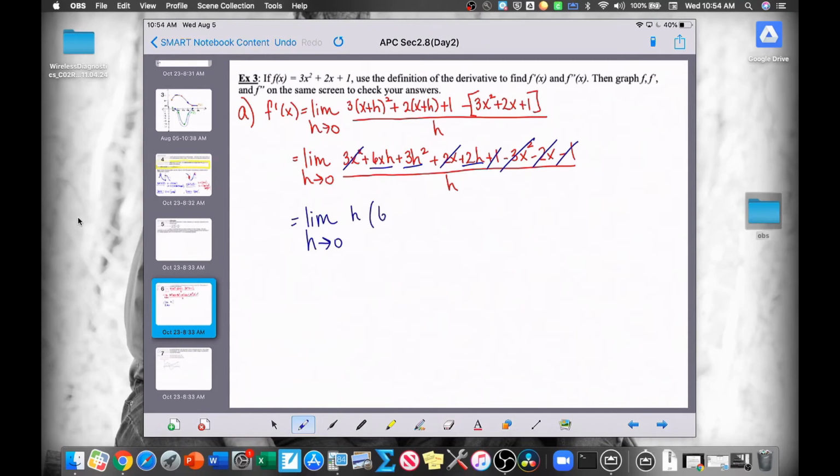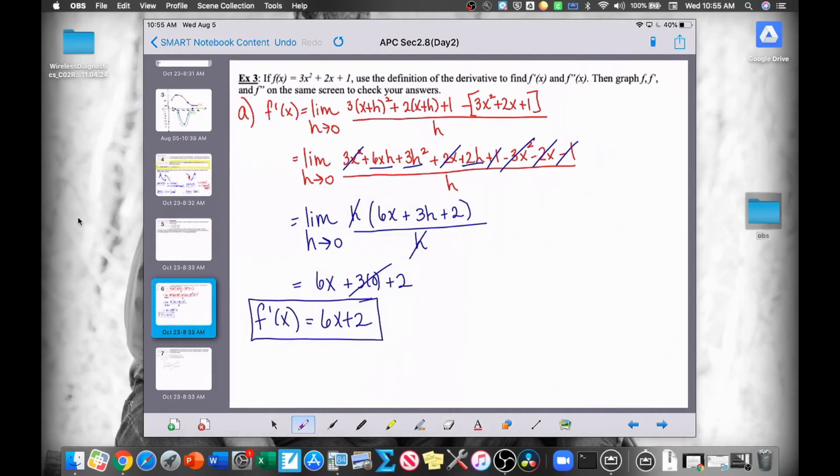So I will have h times 6x plus 3h plus 2 all divided by h. I can cross out my h's, and now when I evaluate my limit as h approaches 0, I get 6x plus 3 times 0 plus 2. That middle term cancels out, so I have f prime of x is equal to 6x plus 2.